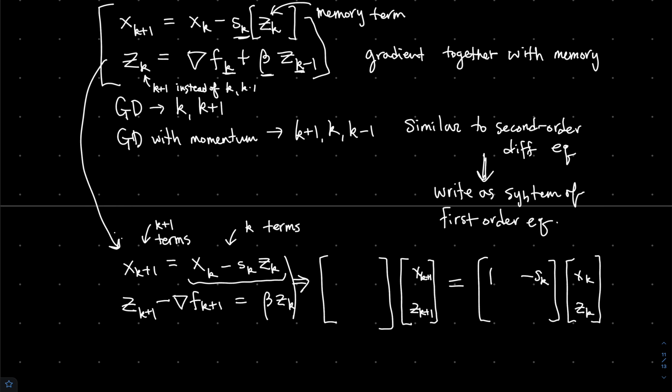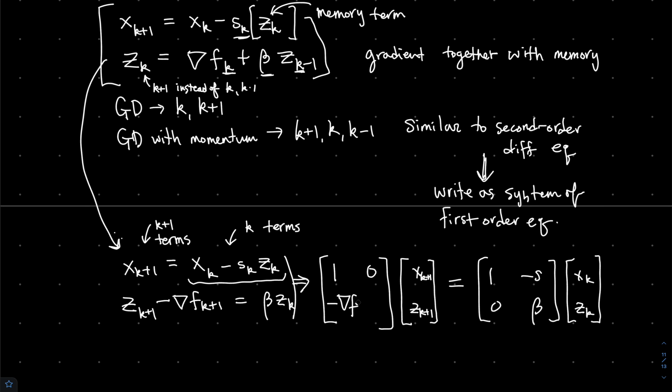And for simplification, let's just omit the k index with the step size. And then with the z, we have 0 and beta. And here we have 1, 0 for the top equation. And for the bottom equation, we have negative gradient fk.